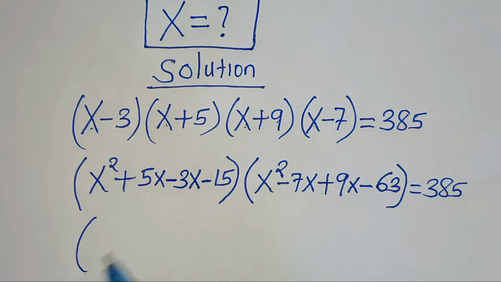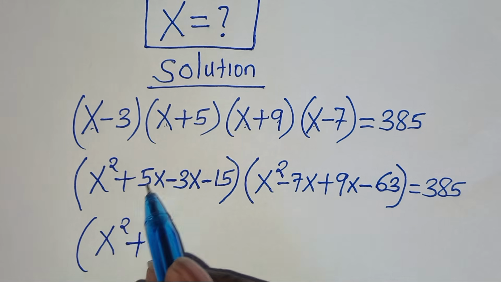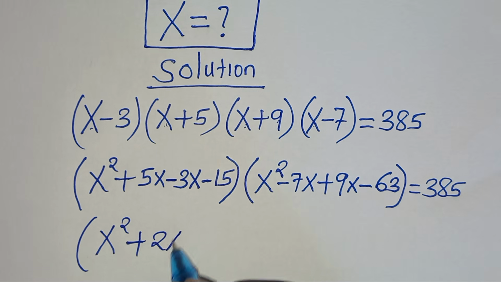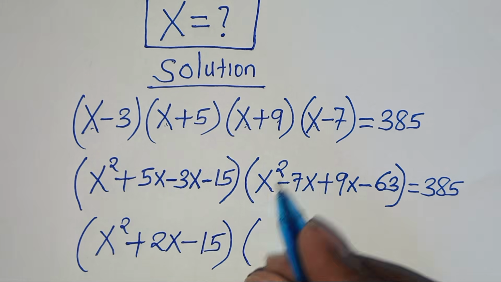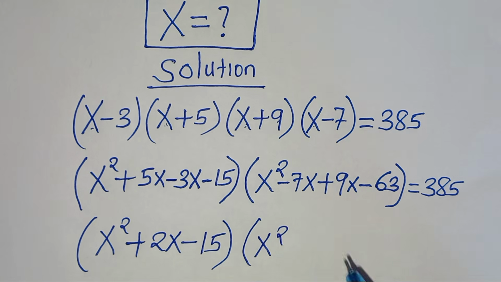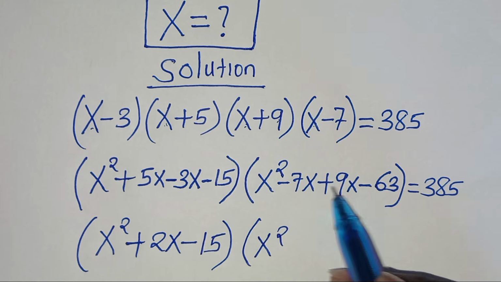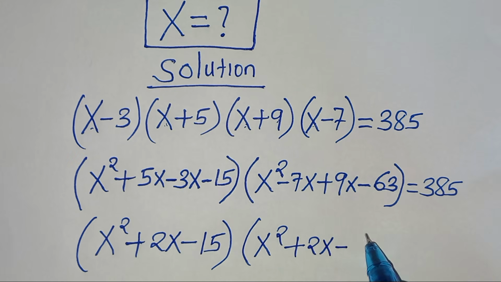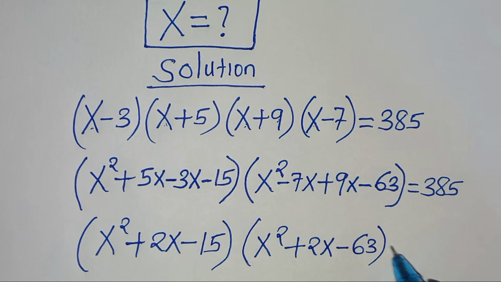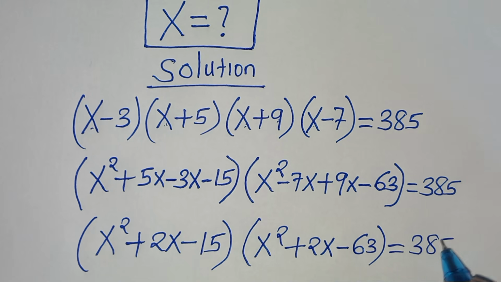The next step is that we have x to the power of 2 plus 5x minus 3x, this is 2x, minus 15. Then we have x to the power of 2 minus 7x plus 9x, this is plus 2x, subtract 63, this is equal to 385.